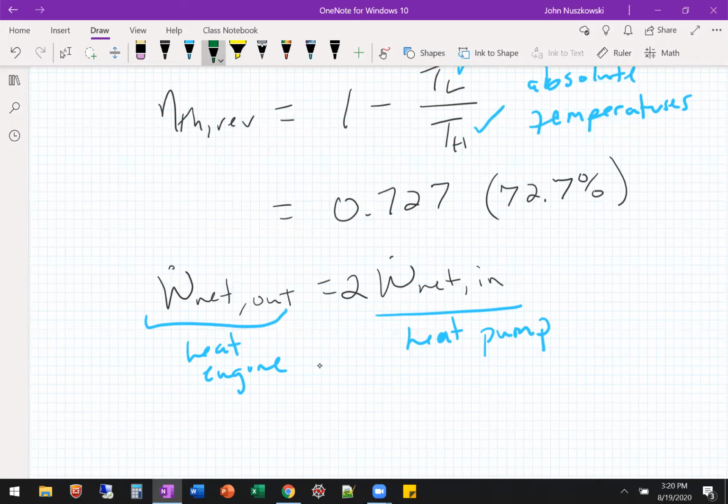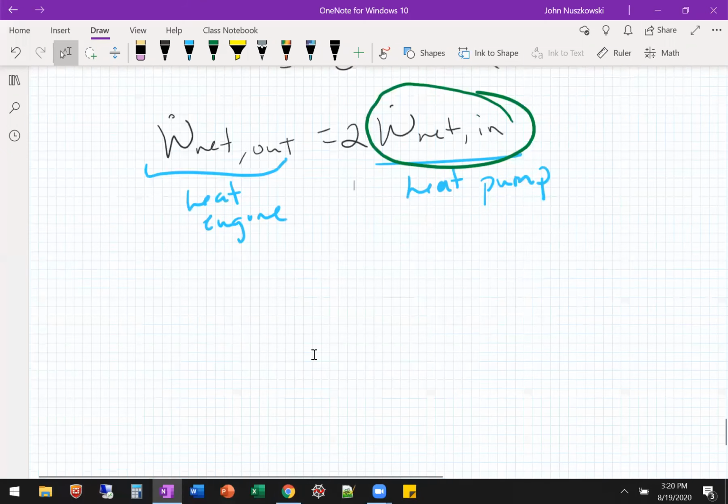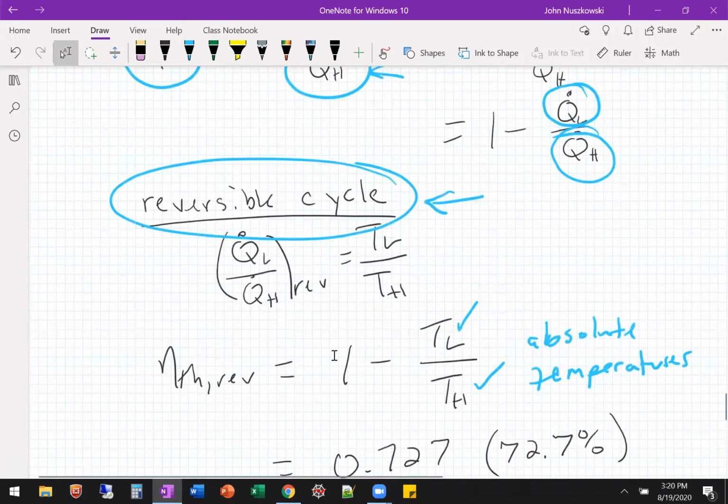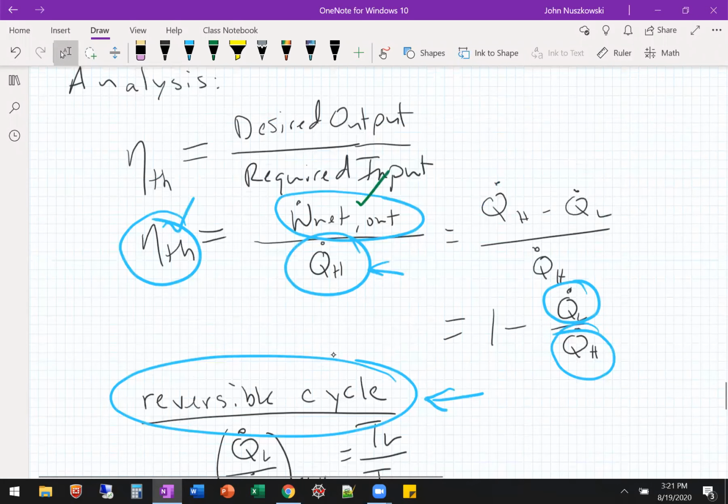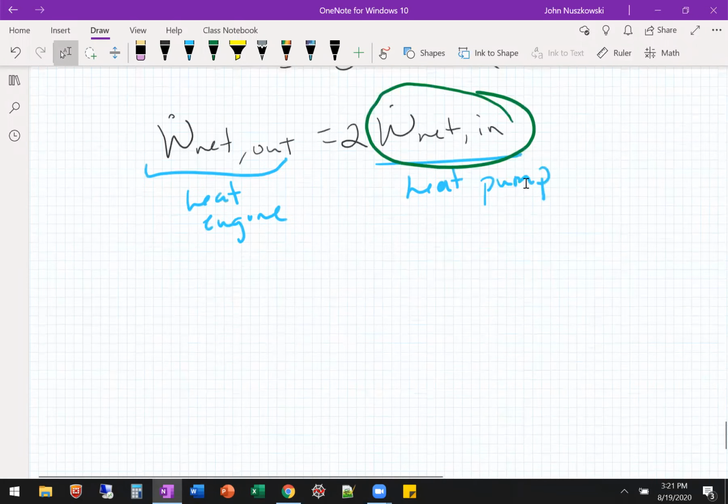All right, so now we have an equation for work net out, but we've added a new unknown. We have work net in now, okay? So we've figured an equation for this, but we've added a new unknown, okay? So now we got to get rid of that. How do we get rid of work net in?